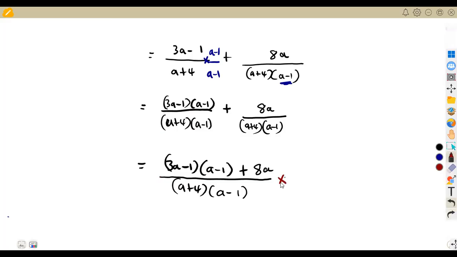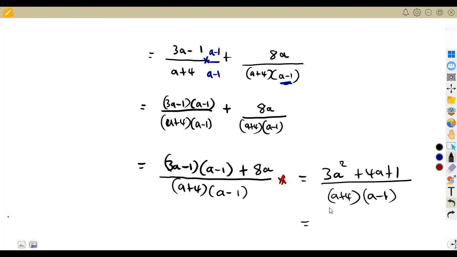So this is now the same, where we expanded this and collected our like terms, and we ended up having something like 3a squared plus 4a plus 1 after expanding everything, and then also do your factorization, which will remain the same.